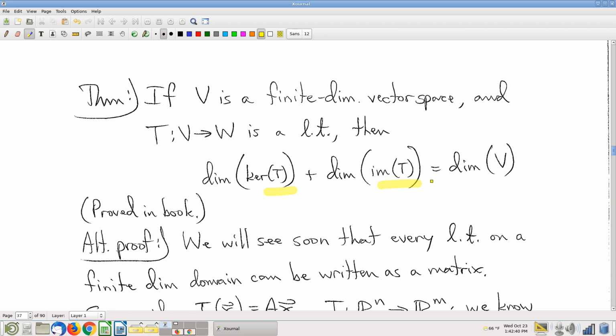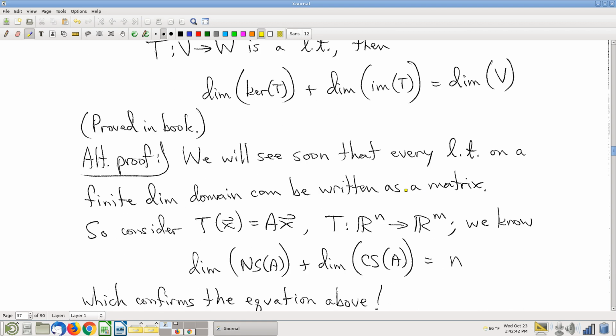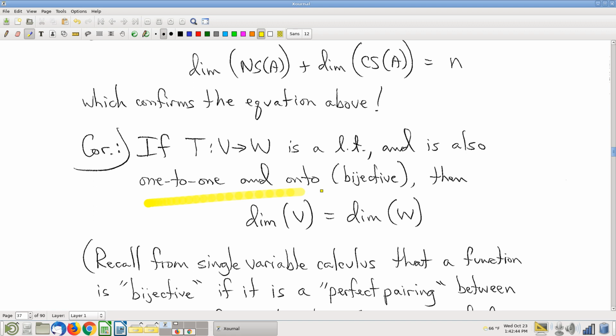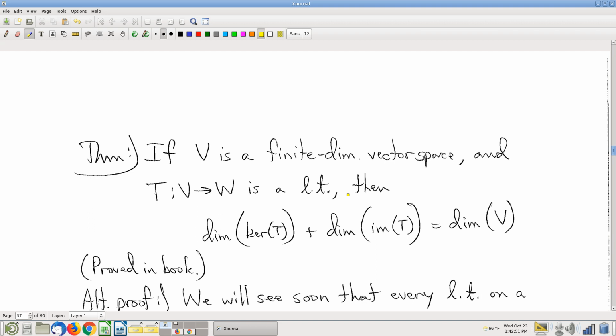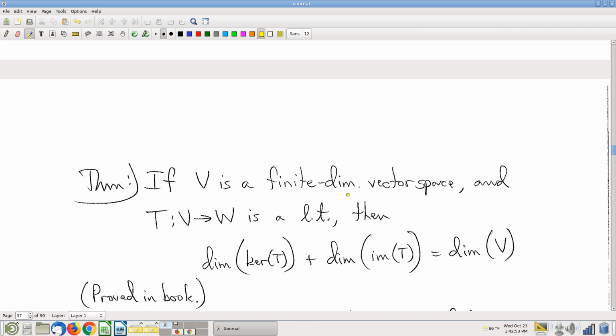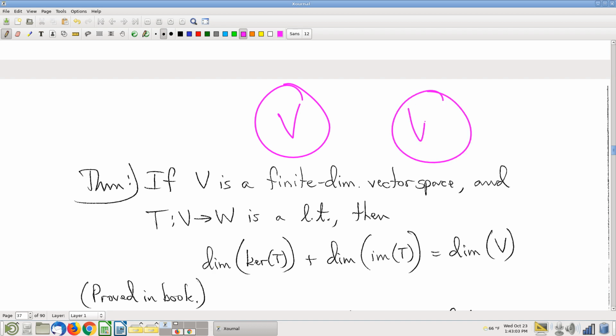Now why is that relevant to what we're doing here? Keep in mind down here we're looking at a bijective linear transformation. Let's think about what this theorem turns into if you have a bijective linear transformation. Well, if it's bijective, your domain V, your target W, there is a single vector in W that is the zero vector.